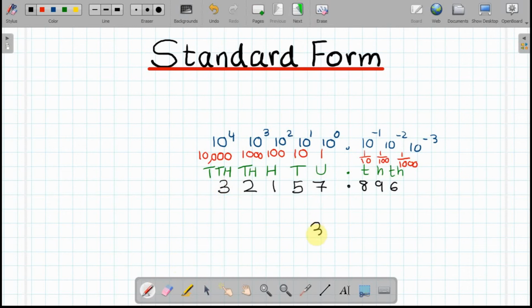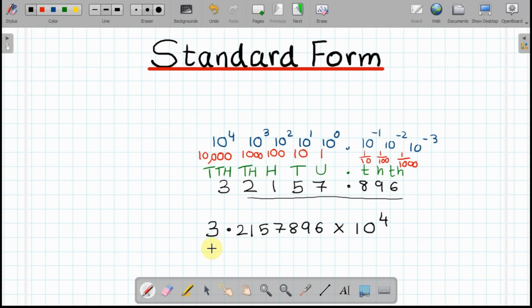So after 3, I will have, let me shift that 3 here, the decimal point, and all these digits will come after the decimal point. 2, 1, 5, 7, 8, 9, 6. Okay, now I have to multiply by a power of 10. How do I know what power of 10? I look at its place value, 10,000s. That's the same as 10 to the power 4. So I multiply by 10 to the power 4.